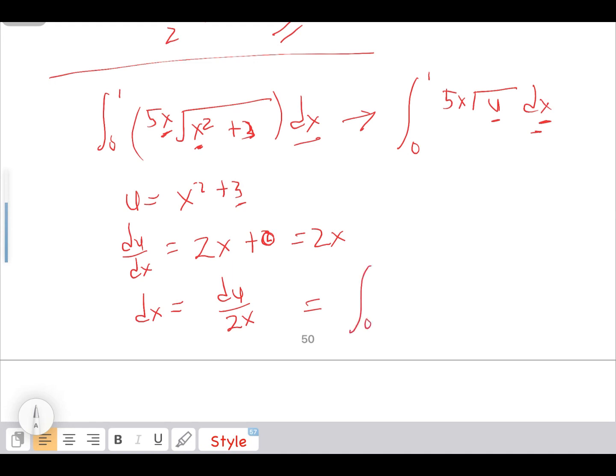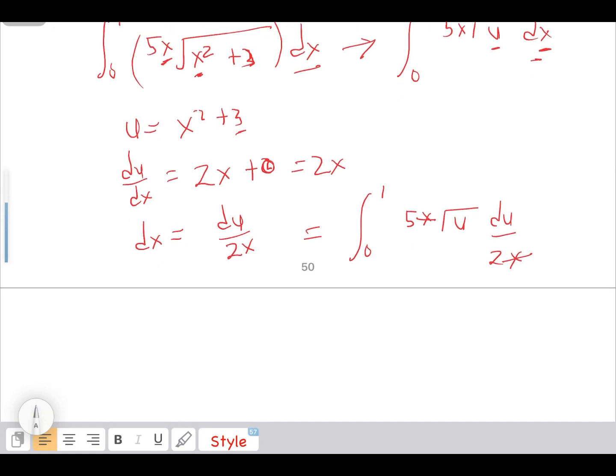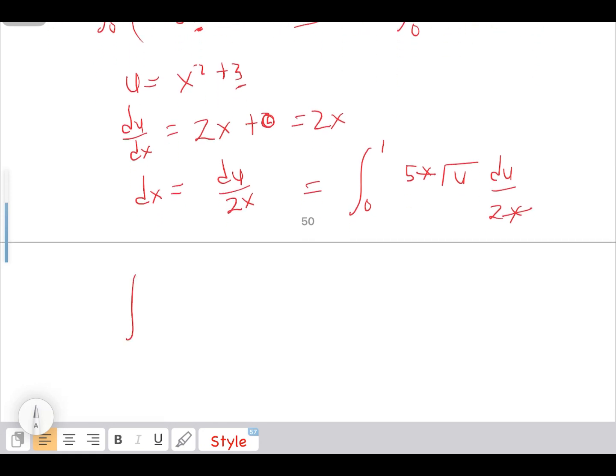When we replace it, we get the integral from 0 to 1 of 5x square root of u and then du over 2x. So x is common over there, so we can cancel x out and our function becomes simpler, which is the integral from 0 to 1 of 5 over 2 square root of u du.